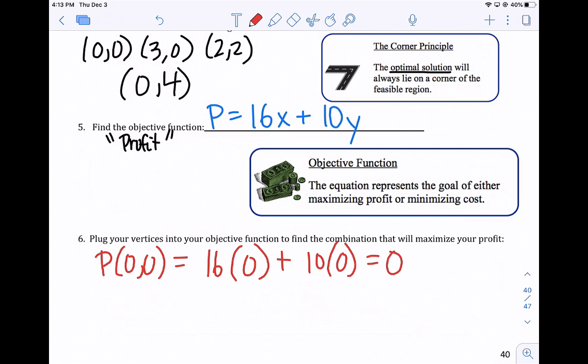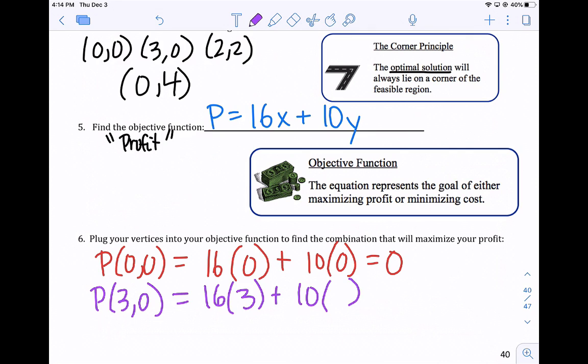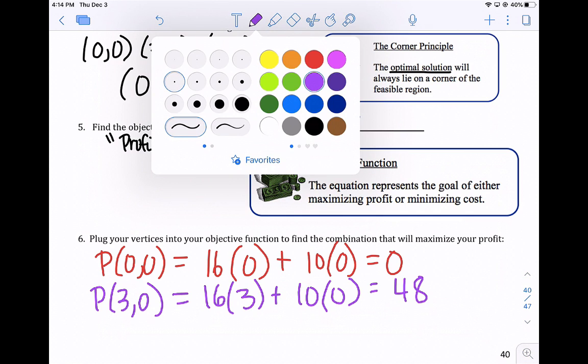All right, let's do the next coordinate, which is 3 tables, 0 chairs. 16 times 3 plus 10 times 0 is 48, I believe. Yes, 48. All right, so you can make $48 profit off 3 tables. Let's do the next one.